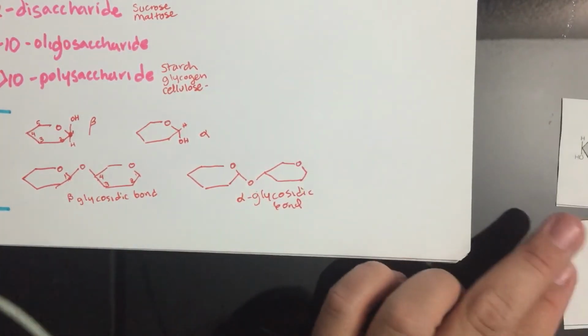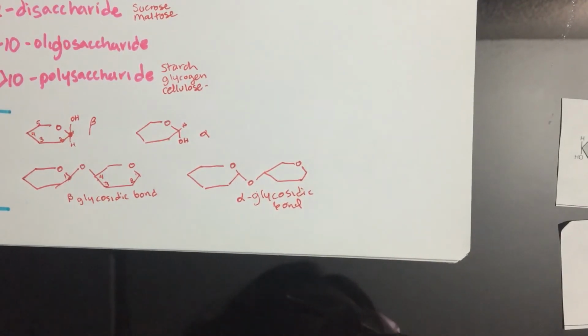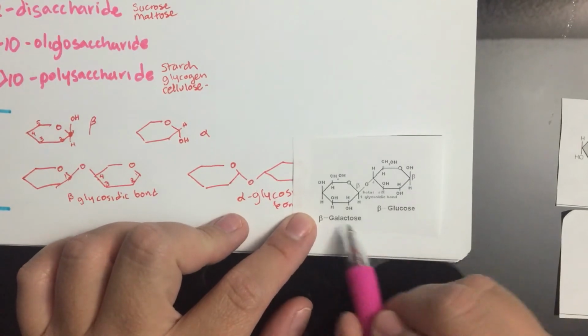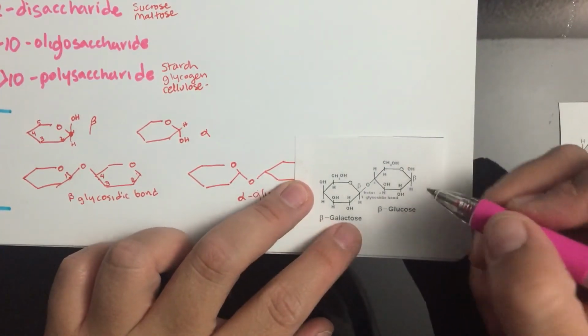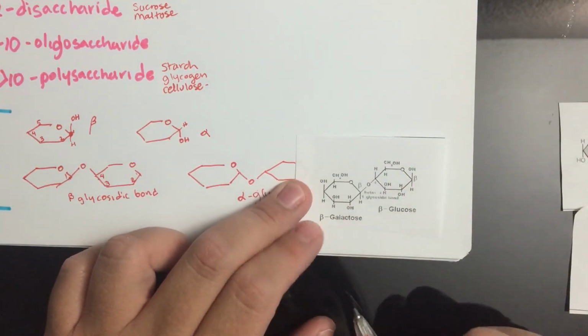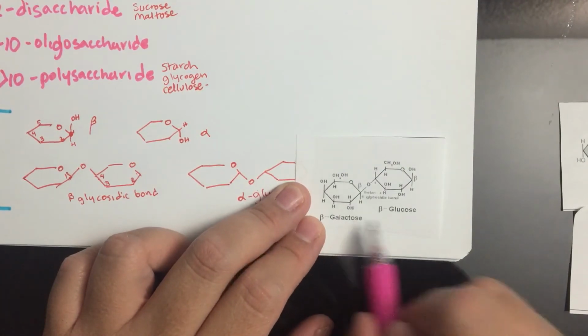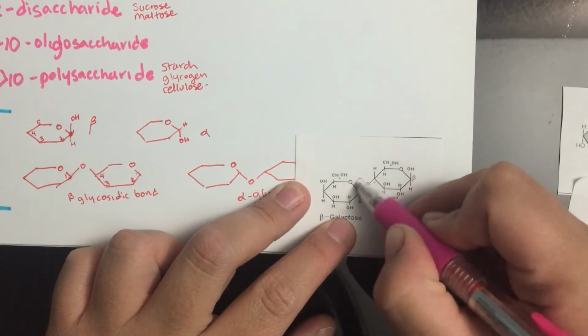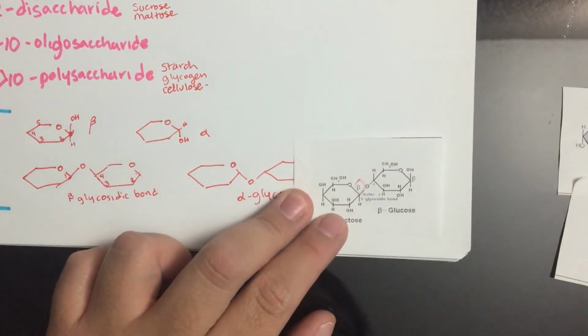And finally, this is one of our very important disaccharides, lactose, a galactose unit with a glucose unit. It's going upward, so it's a beta one.